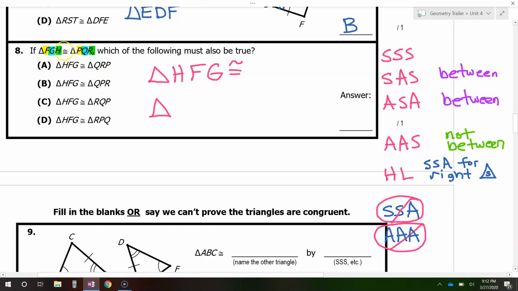H corresponds with R. So R has to be first. What about F? F corresponds with P. So P goes next. G corresponds with Q. So Q goes next. So we're looking for triangle RPQ. RPQ, that's this one. The answer is D.